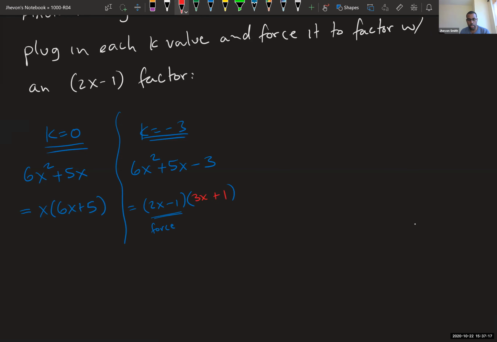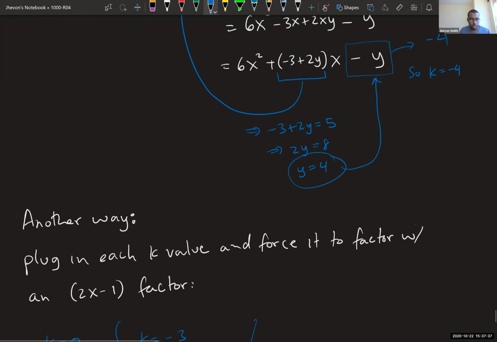And you'd realize that you wouldn't get a 5x there. So that doesn't work either. Middle term not equal to 5x in this situation.